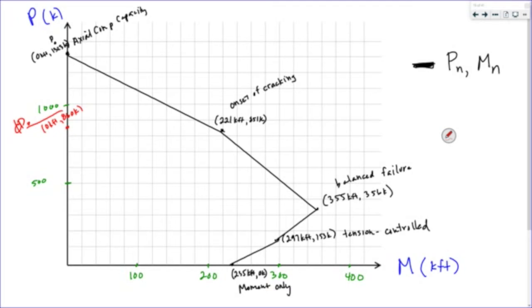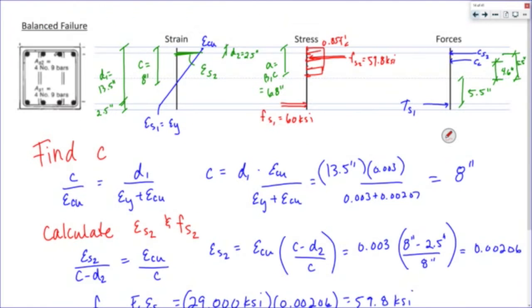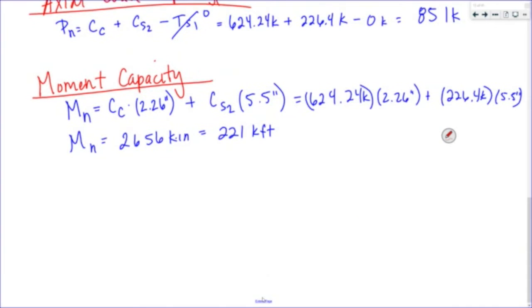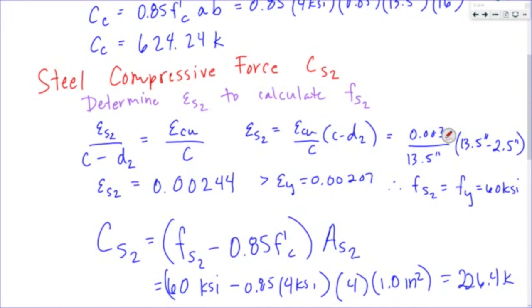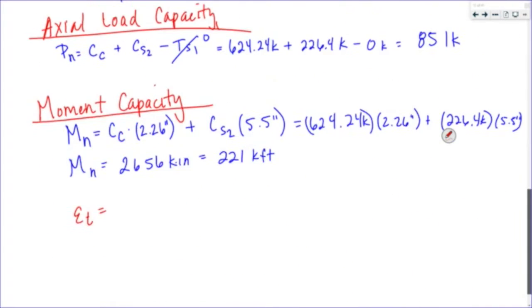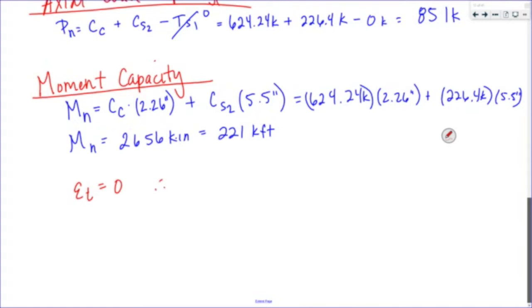Okay, go back. Let's see our onset of cracking. What is the strain in my extreme tensile reinforcement? Right here. What is the strain? It's 0. So epsilon T equals 0. Therefore, compression controlled. Still have ties. We haven't changed anything. So my phi is 0.65.